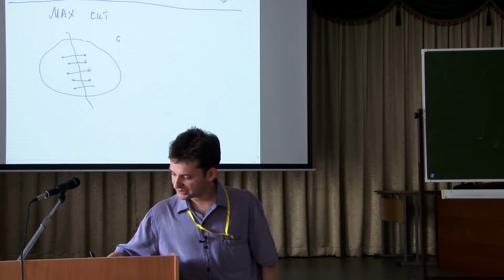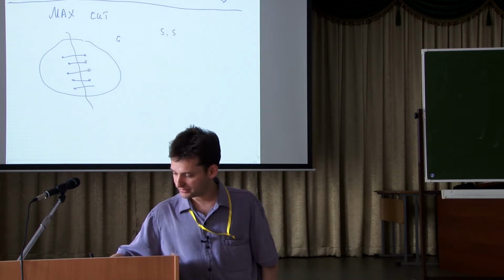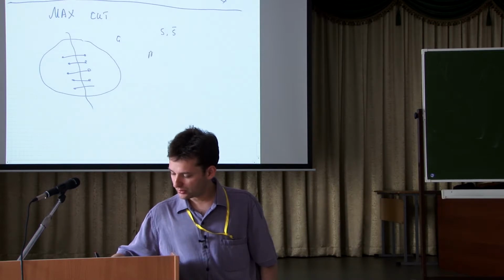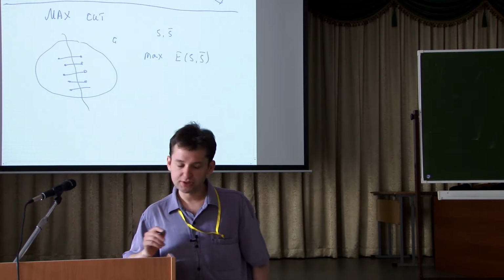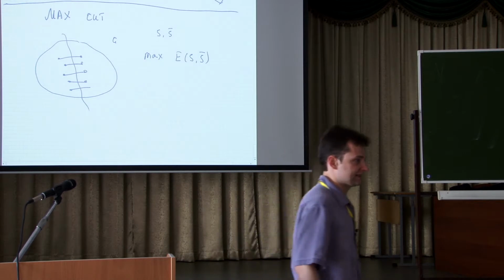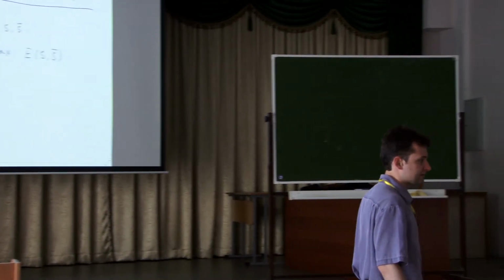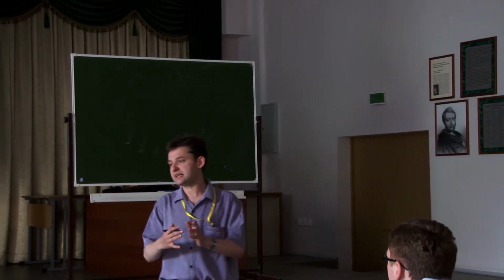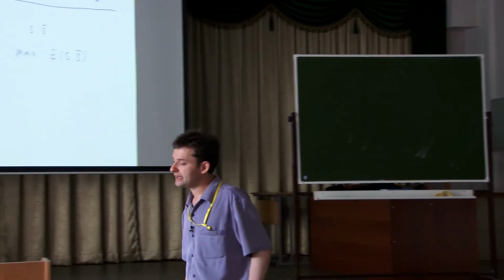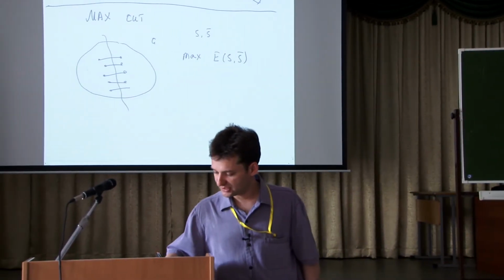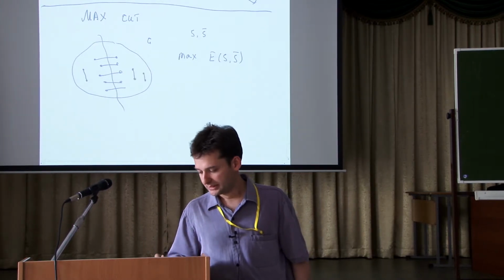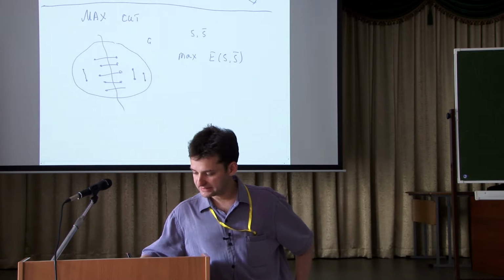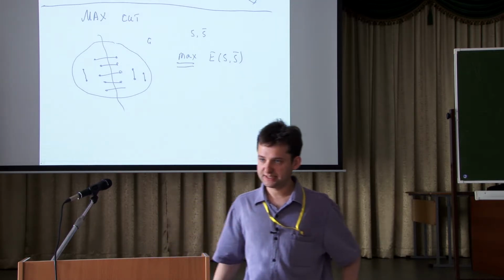So we want to partition it into sets S and S complement, and our goal is to maximize the number of edges going from S to S complement. We no longer have any restrictions on the sizes of sets S, so they can be small or large. We don't impose any constraints on this. So we want to maximize the number of cut edges.